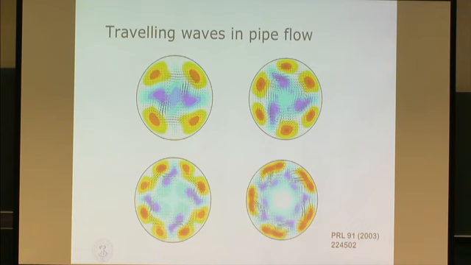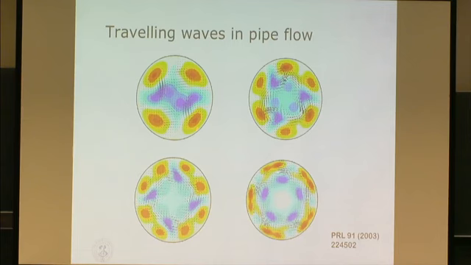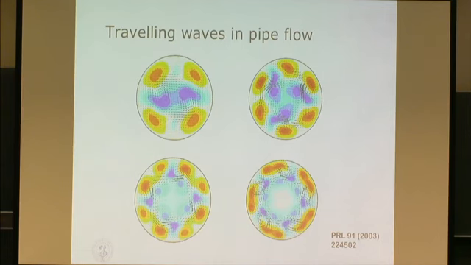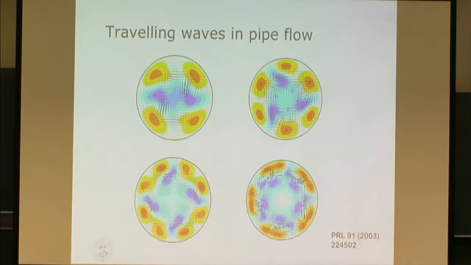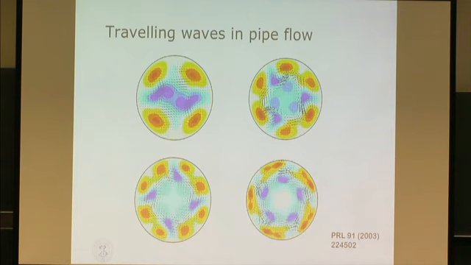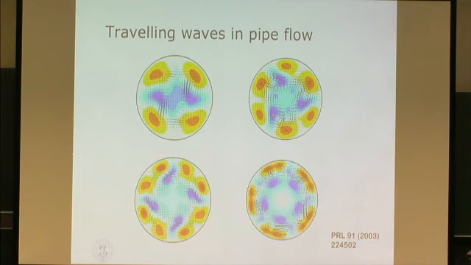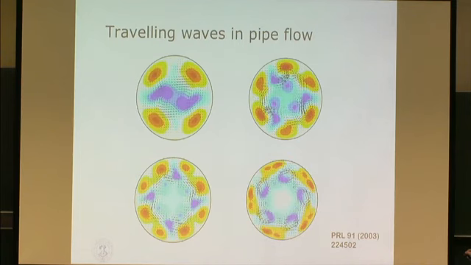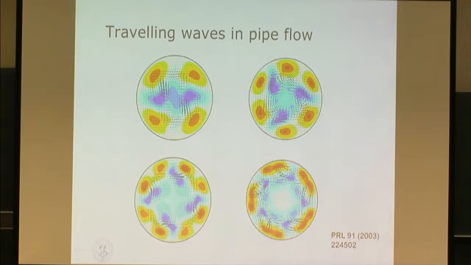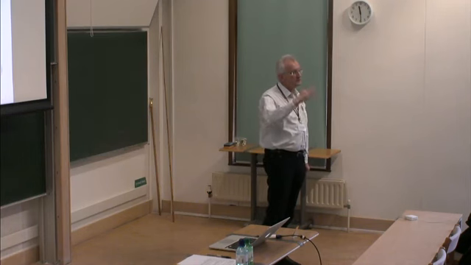And what is helpful for identifying them in the real flows is that the high-speed streaks are rather stationary and that the low-speed streaks wiggle about. So if you look at these things here, they're first on one side and then on the other. So these low-speed streaks wiggle in the azimuthal direction.